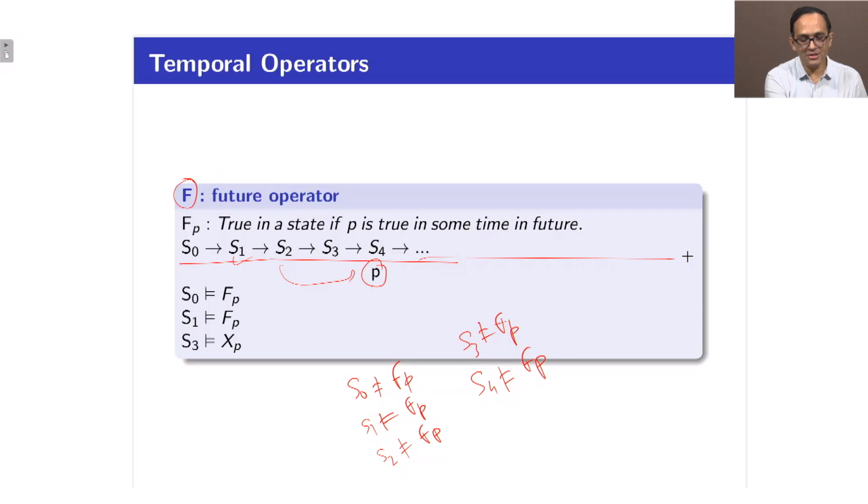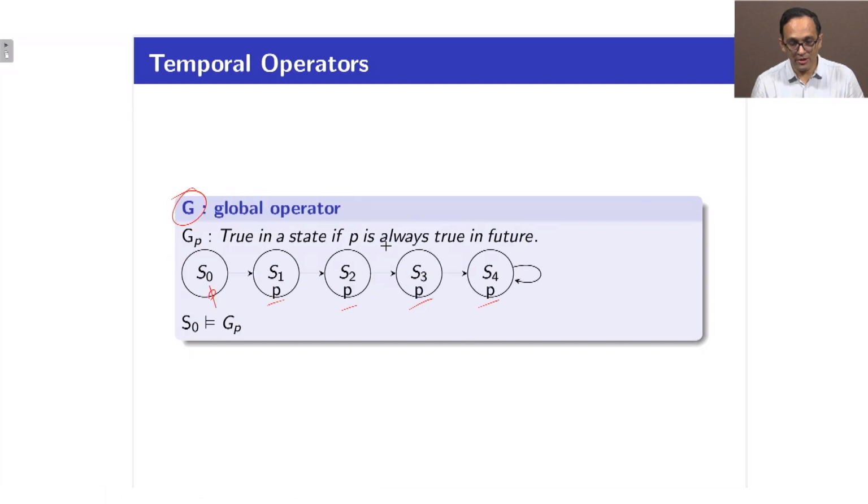But global means the path is infinite, and all the traces I will talk about are infinite traces. Because I am just checking for S0 and p holds in S4, I do not need to check what happened after that, but for global it has to be true globally, that means in all time, in all states. Even if the path is infinite, it has to hold in all states.